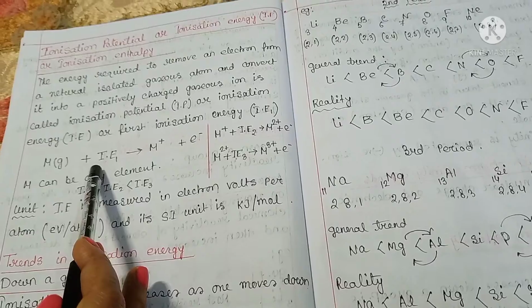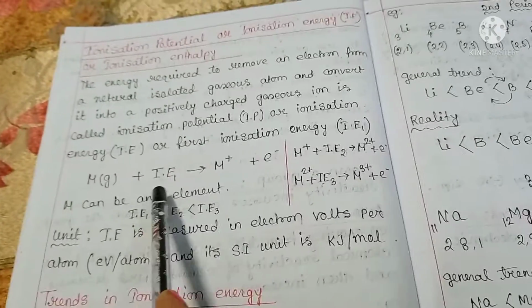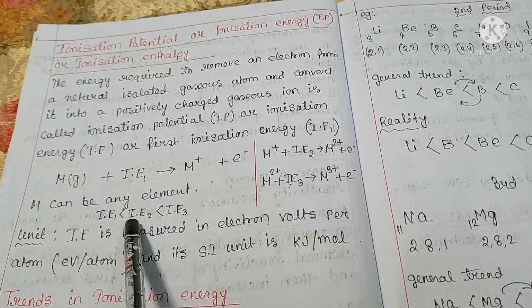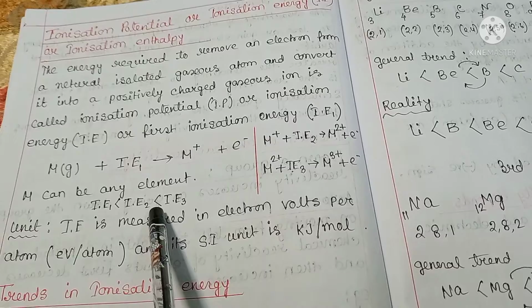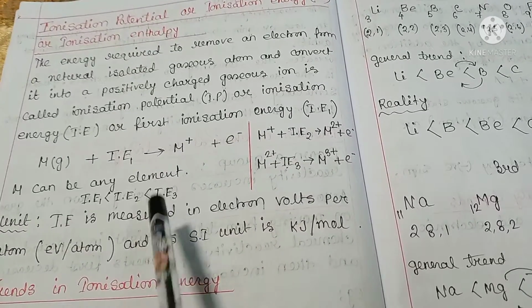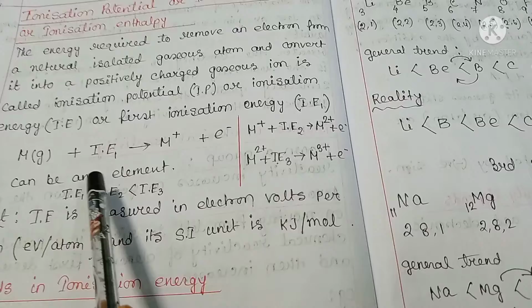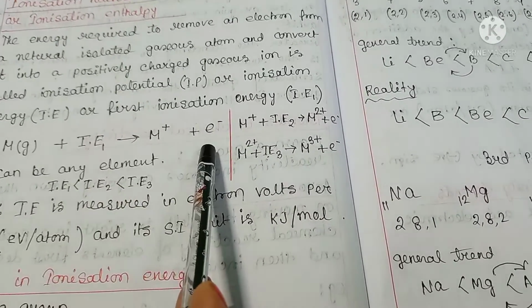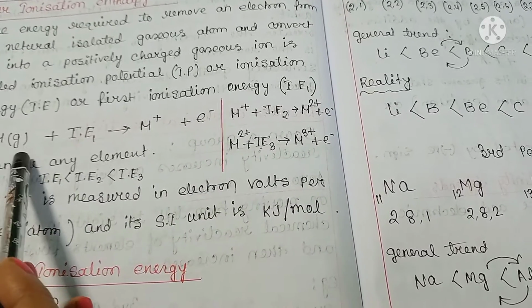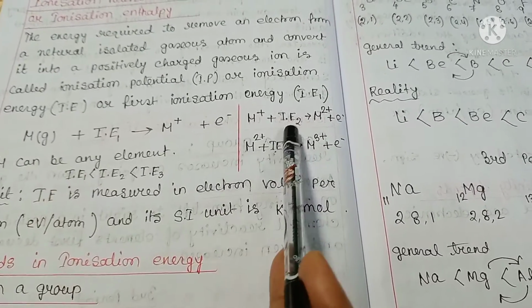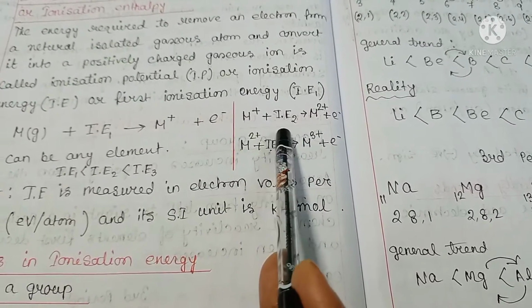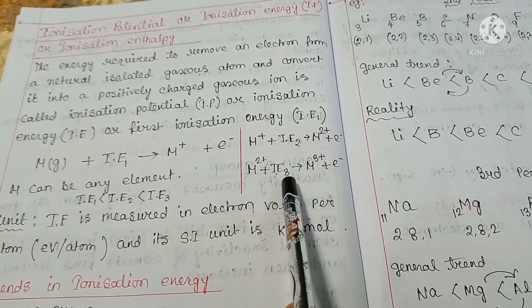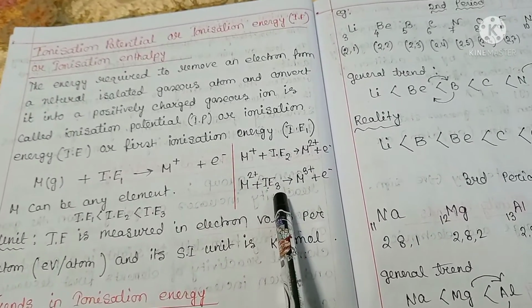See here, M can be any element, and first ionization energy is less than second ionization energy, and second ionization energy is less than third ionization energy, and so on. Because first ionization energy removes the electron from a neutral atom, while second ionization energy removes an electron from a positive ion, and third ionization energy also removes it from a positive ion.